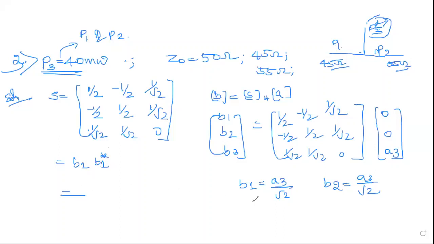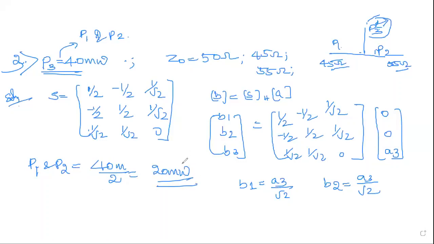The simple method to solve this, I will not go for the complicated one: we know the power will be equally divided among your port 1 and port 2. So the power is divided by 2, which is nothing but your 20 milliwatt.